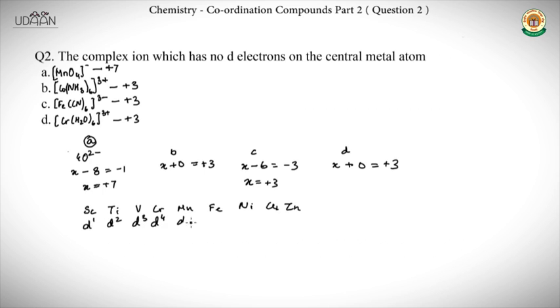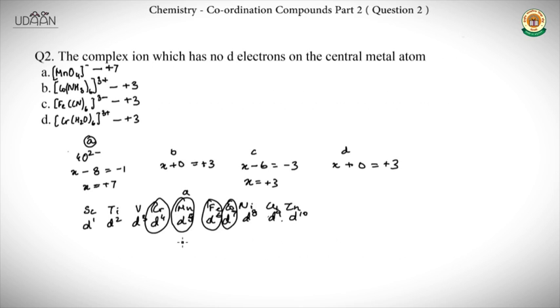This you will have to remember, and this is one of the most important factors that you'll have to take into consideration. And this is d7, and this would be d8, d9 and d10. So in this case, the options given are A is Mn, we have cobalt as d7, we have Fe d6 and chromium, so that is d4.